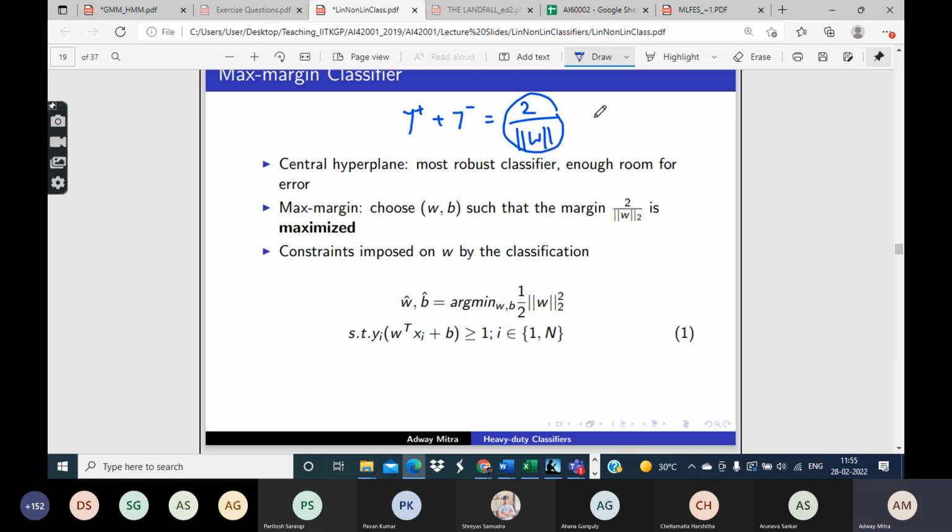So what I need to do is to find a W, arg max over W. Right? This is what I want to do. This is the max margin formulation.